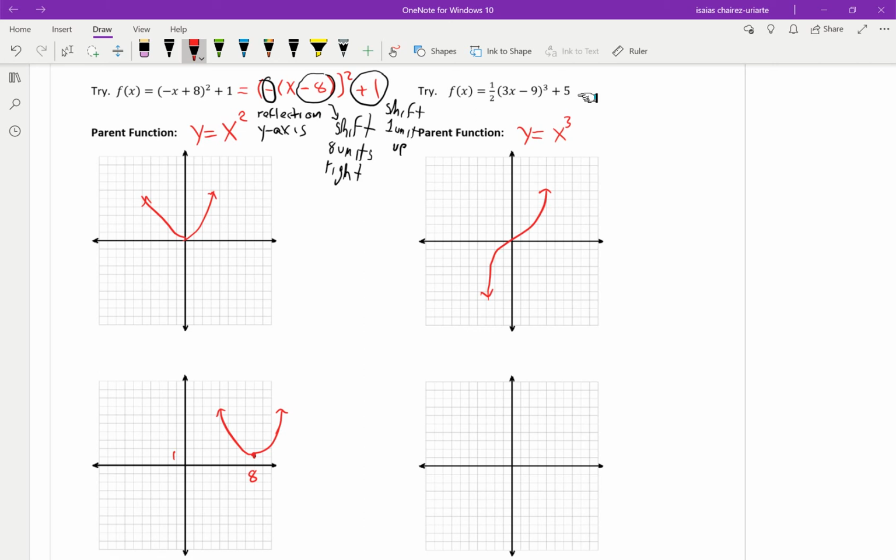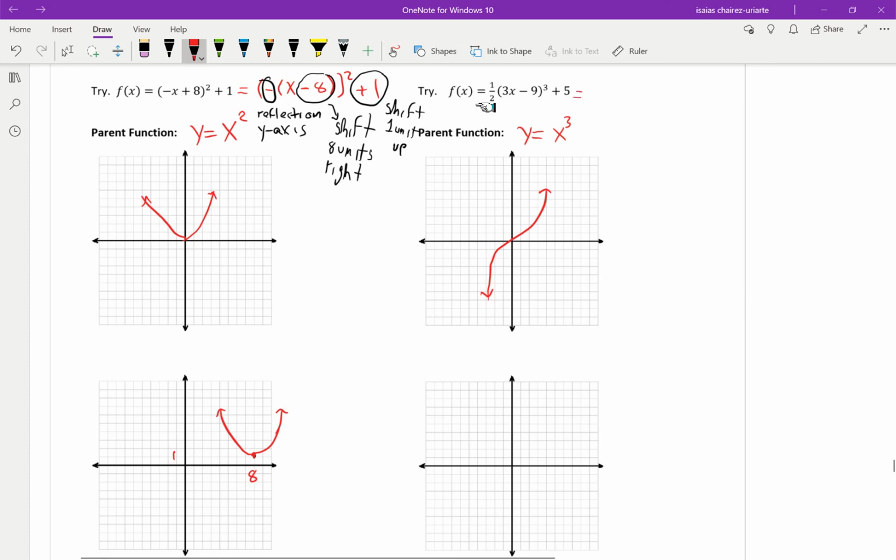And then we said that anytime you have any number in front of your x, in this case a 3, I have to factor out that 3 from everything inside the parentheses, or everything inside the square root, or everything inside the absolute value. I have to factor out the coefficient of x. So let me do that.